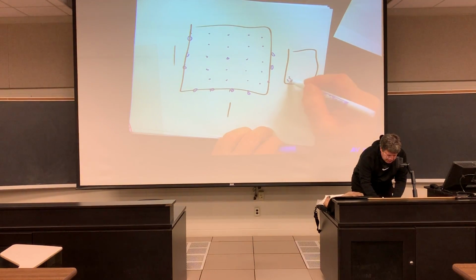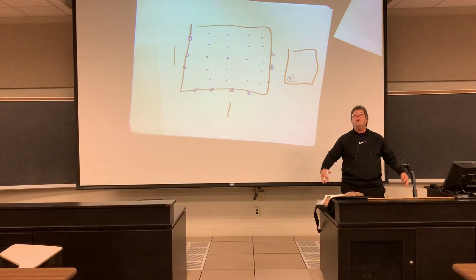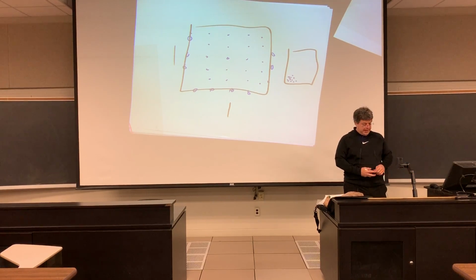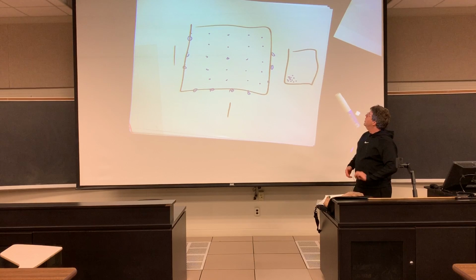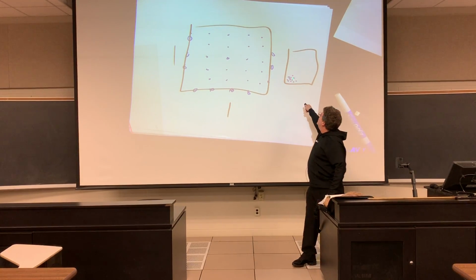All the points maybe will bunch up here, making the tree cost almost 0. Or maybe all fall on the boundary by some magic fluke. Right? So a random distribution, will it be closer to this, or will it be closer to something like that?